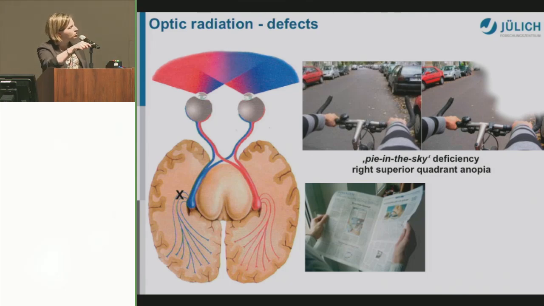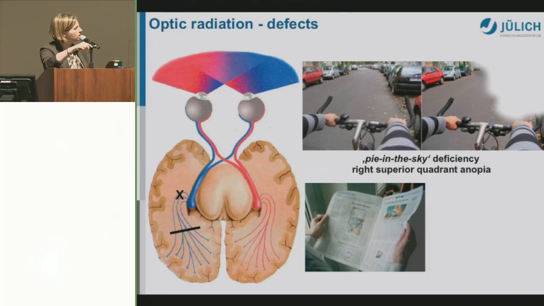And you probably won't see what is going on in the street anymore. And this is due to the retinotopy of the fibers. We heard about retinotopy in the cortex, but of course the cortex can only be retinotopically organized if the fibers are retinotopically organized as well. So here the Meyer's loop contains the information which comes from the outer quadrant of the visual field.